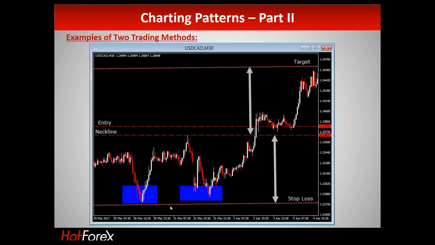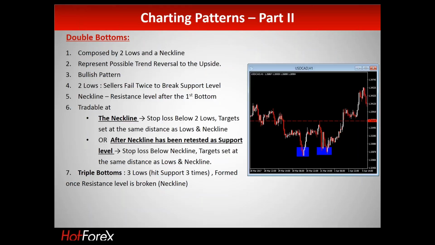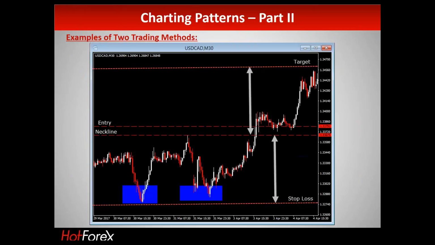As you can see over here, I have the first tradable way where I set the stop loss below my double bottom, since I entered the market exactly on the second candle that confirmed my neckline was broken again. So I entered at this point over here.